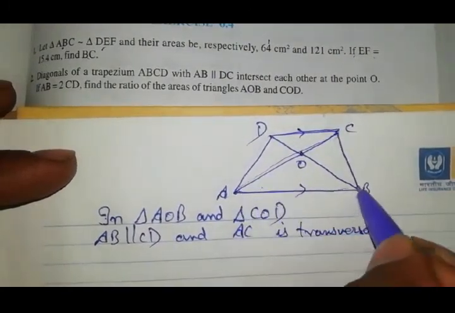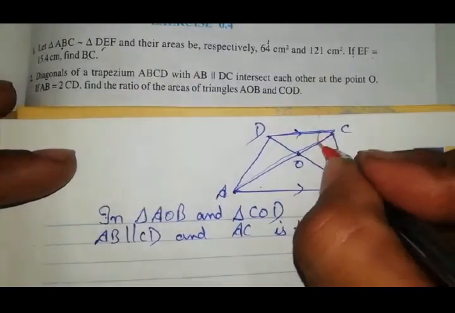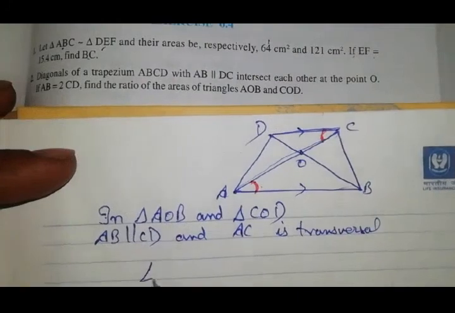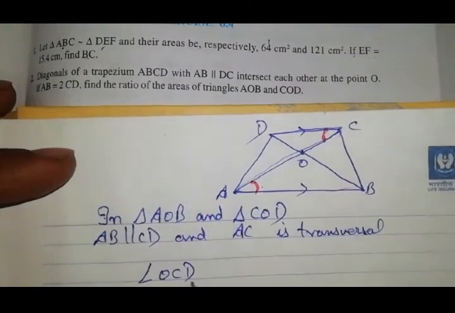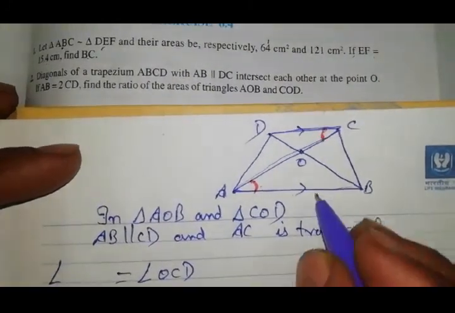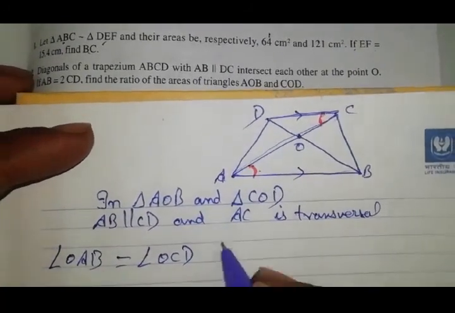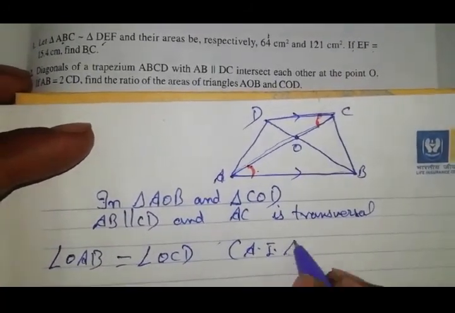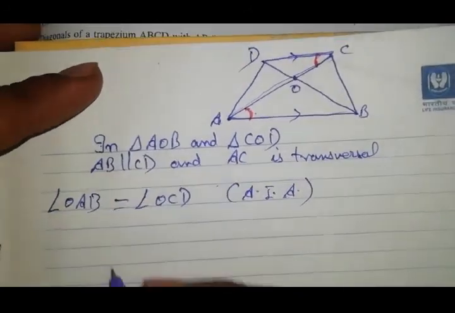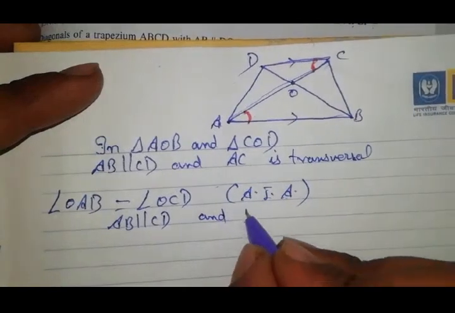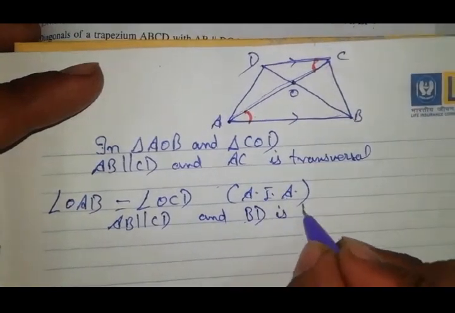So this angle is equal to this angle. It means that angle OCD is equal to angle OAB, alternate interior angles.